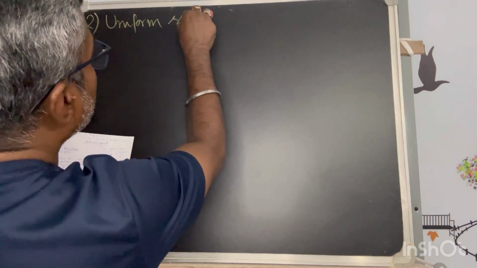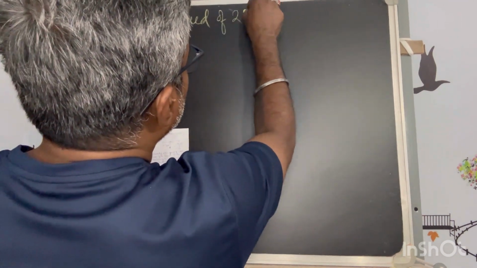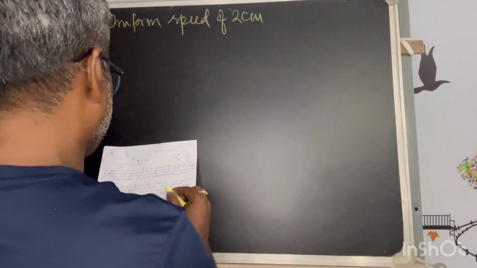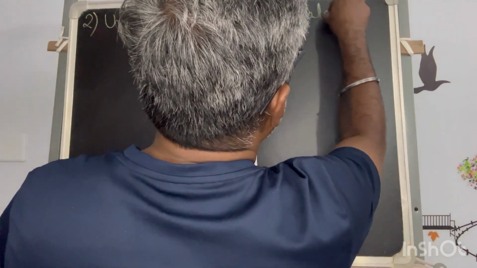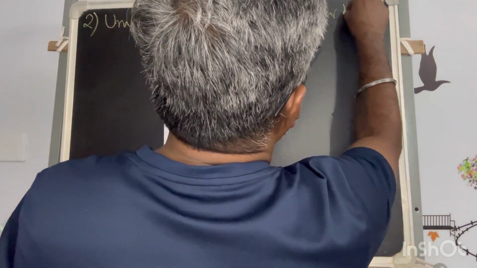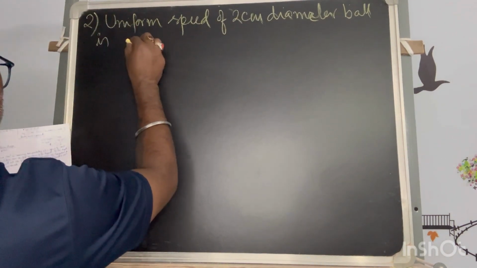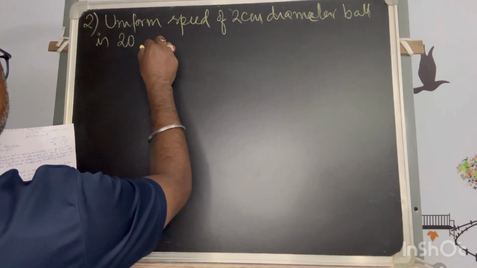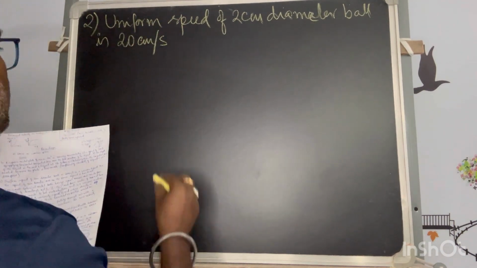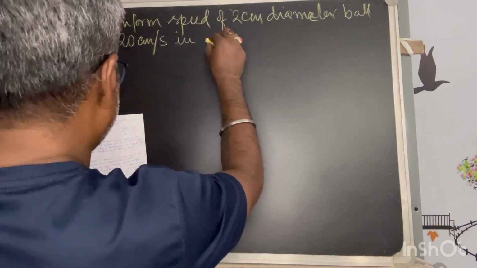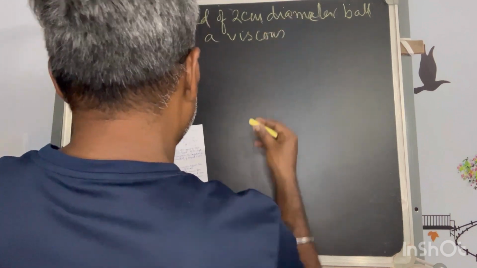Uniform speed of a 2 centimeter diameter ball is 20 centimeter per second in a viscous liquid.